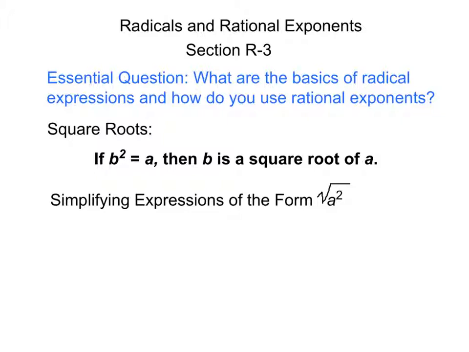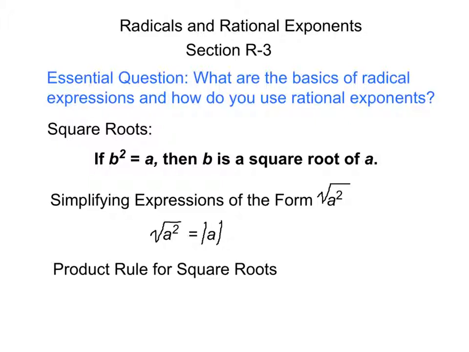So we do have to come up with a rule for simplifying expressions of the form the square root of a squared. And that rule is that the square root of a squared is equal to the absolute value of a. Or in words, the principal square root of a squared is the absolute value of a.